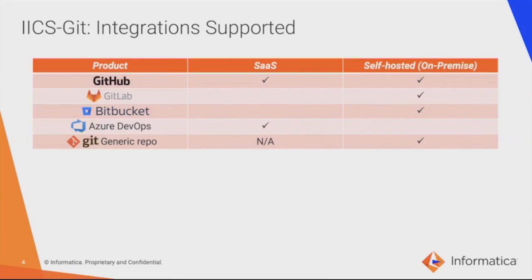You can also bring in your self-hosted on-prem Git repositories. Again, it could be of any Git flavor: GitLab, Bitbucket, or GitHub. And we also support the generic Git repo if required. There are some limitations of using the generic Git repo, which we'll cover shortly.